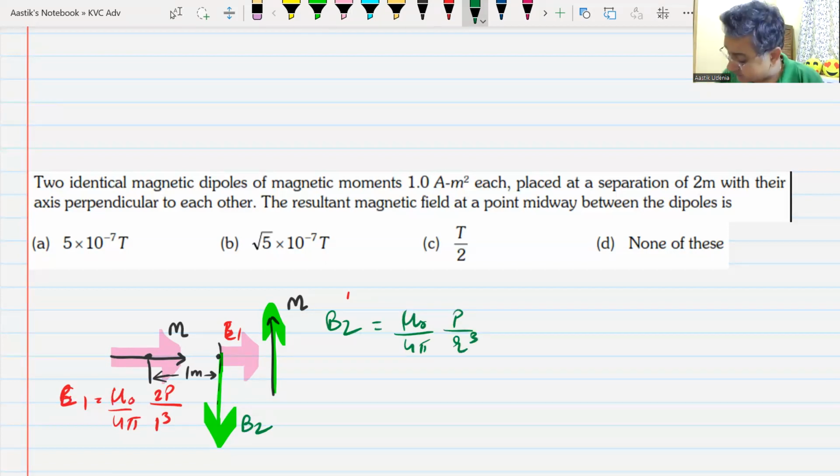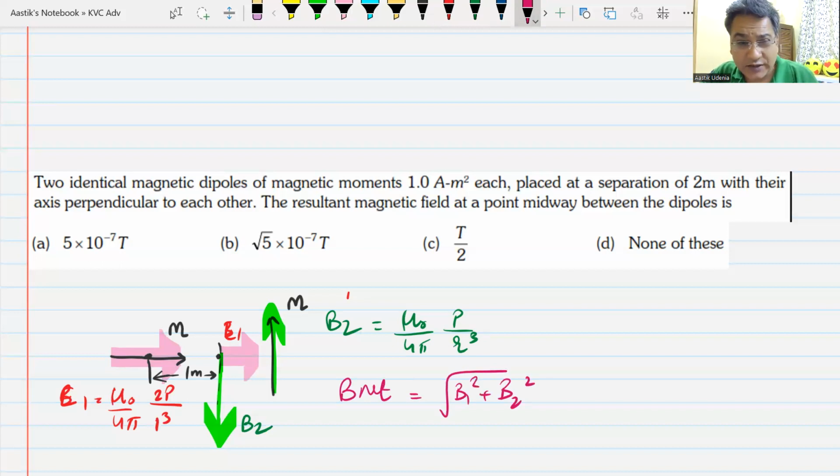Both these fields are in mutually perpendicular direction. So B net will be equal to root over B1 square plus B2 square. If I write one field as B, the other field is 2B. A root 5 term, 1 square plus 2 square. The only option which has the root 5 term is this one. The answer is option B. Do we understand this?